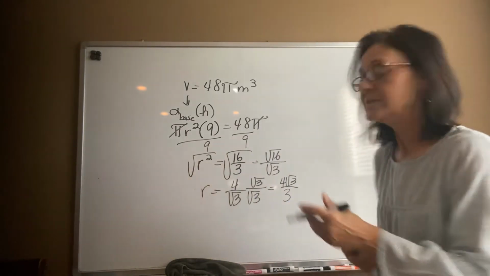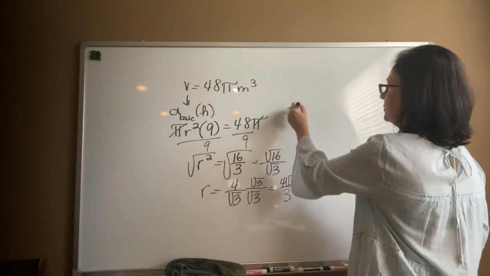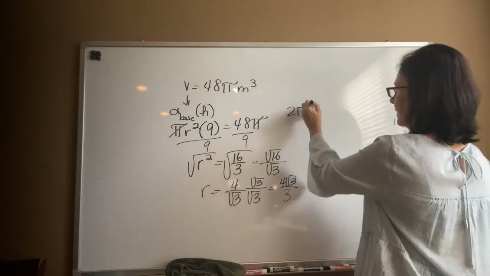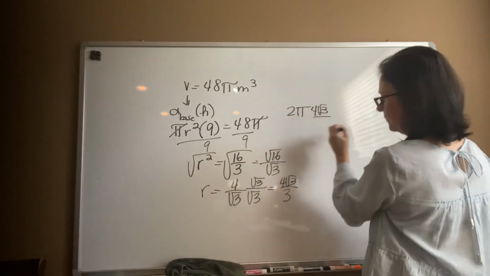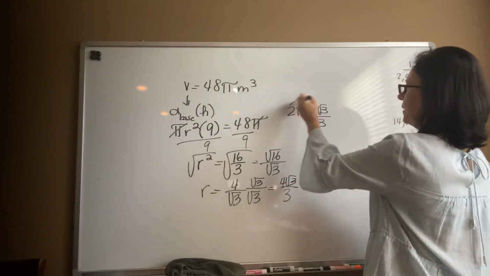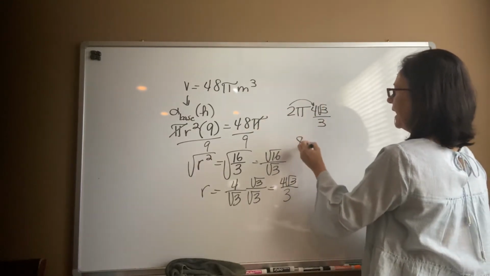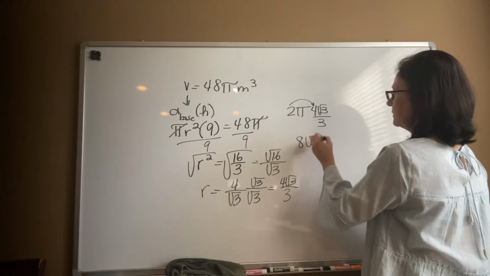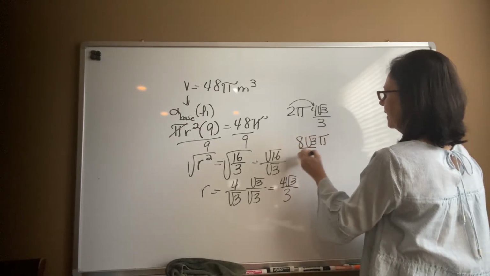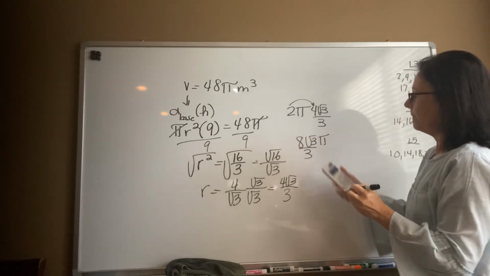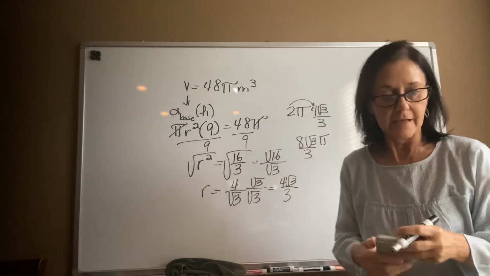Now, the circumference is 2 pi r. 2 pi times 4 square root of 3 over 3. Multiply that 2 by the 4, 8 square root of 3 over 3 pi. Leave pi as pi.